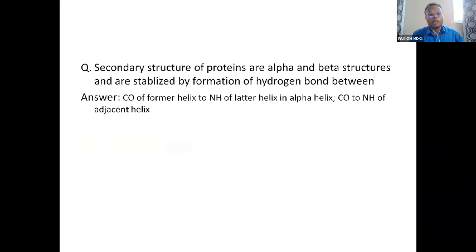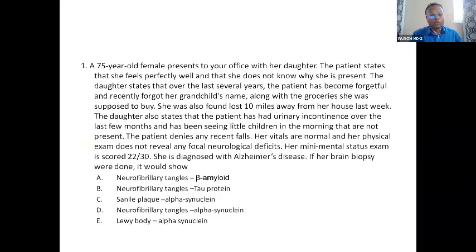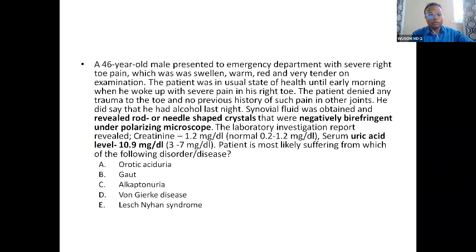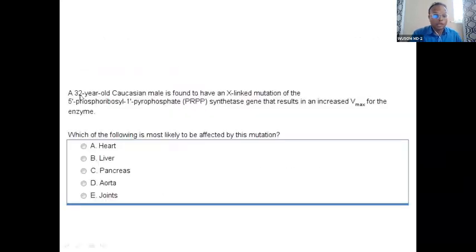There is one question. I'll share only one question with you. You can see what is mentioned here: PRPP synthase, the first enzyme, has a mutation in its gene, and that led to an increase in Vmax.